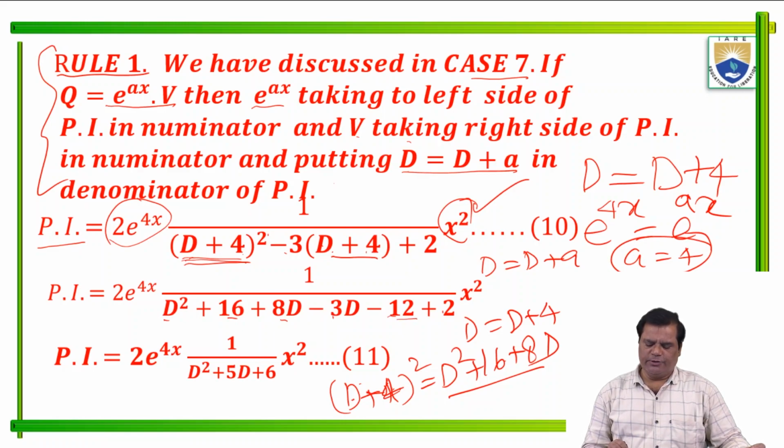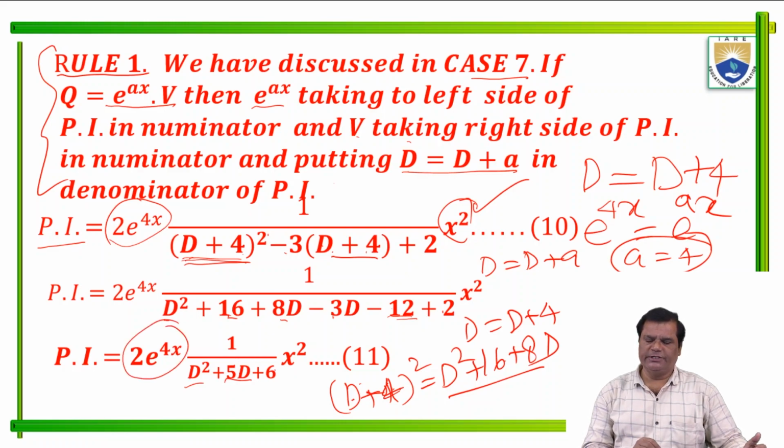Now here 12, here plus 2 and plus 16. Plus 2 plus 16 is 18. 18 minus 12 is 6, plus 8D minus 3D is 5D, and D square. So we get finally D square plus 5D plus 6.